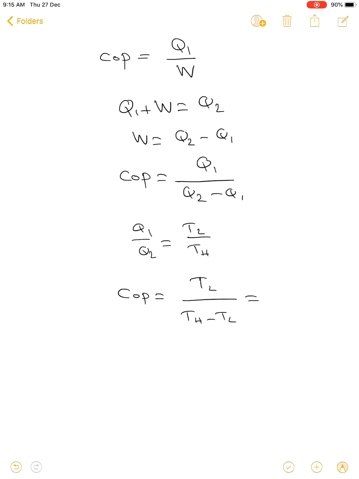So if you are substituting this value like 273 divided by 293 minus 273, there is 273 divided by 20. So we can find out what about the value of its COP, coefficient of performance. It is 273 divided by 20, it will be around 13.65.